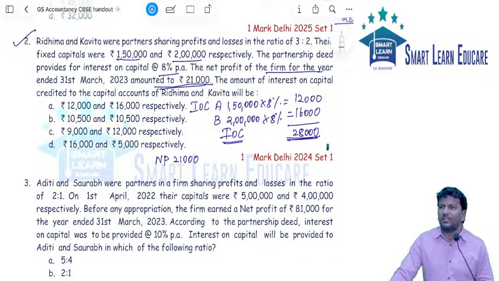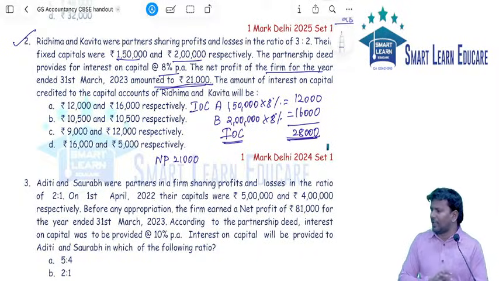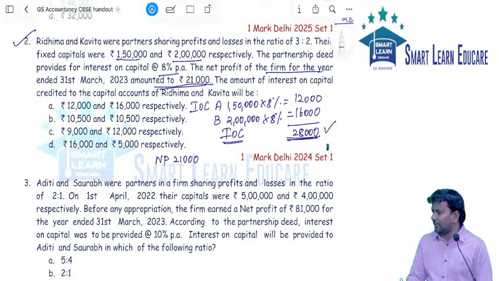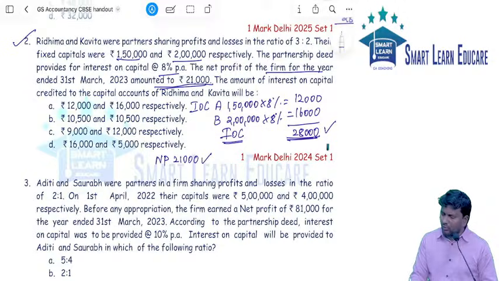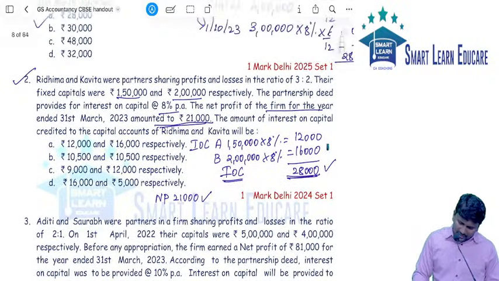This means that your profits are not sufficient to pay interest on capital, because to pay interest on capital எவ்வளோ தேவைன்னா 28,000 தேவை. ஆனால் ப்ராஃபிட் ஏர்ன் பண்ணியிருக்கிறது எவ்வளோ தான்? 21,000. I told you, when profits are not sufficient to pay interest on capital, such interest on capital is to be shared in what ratio? Capital ratio. Appa tell me, what is the capital ratio?